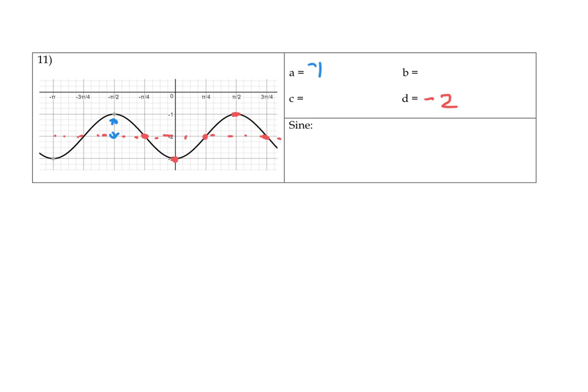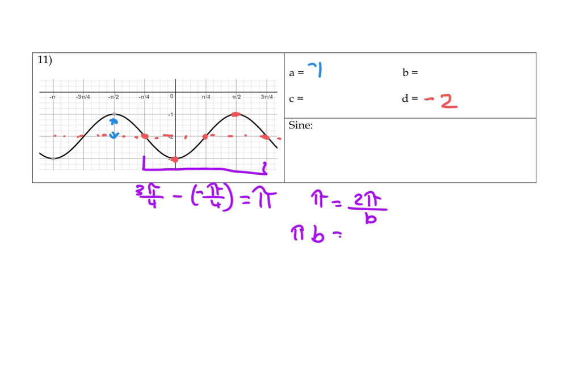Okay, my B value is going to see if my period changed. So I'm here to here, and this is 3 pi over 4 minus negative pi over 4, which is 4 over 4, which is just pi. So my period has changed. I have a b value. So pi is equal to 2 pi over b.